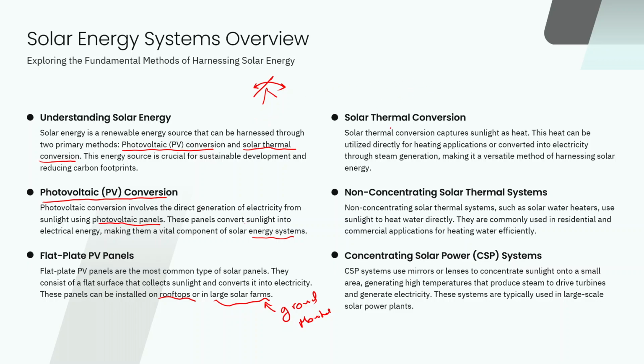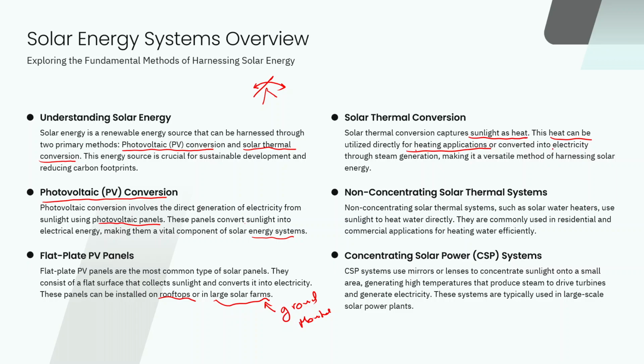Then the solar thermal conversion, as I said, captures sunlight as heat, rather than producing electricity straight away like the PV panels. So in solar thermal, what you basically do is capture the sunlight and convert it into heat. A very basic utilization of this heat is for heating applications like water heaters and so on, and sometimes for cooking as well.